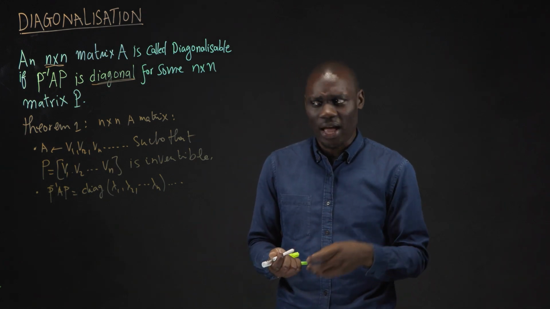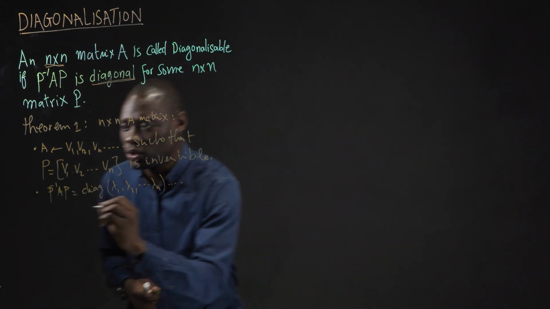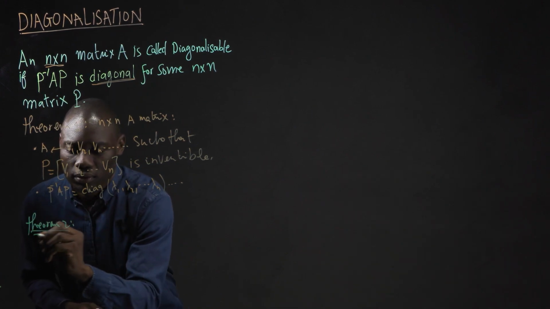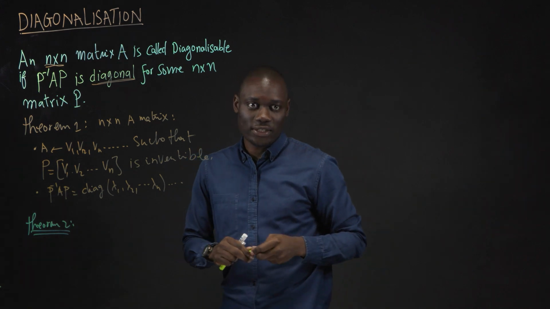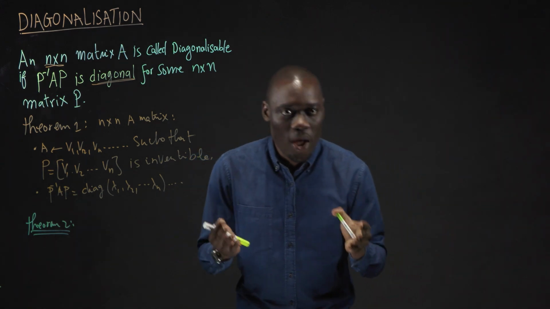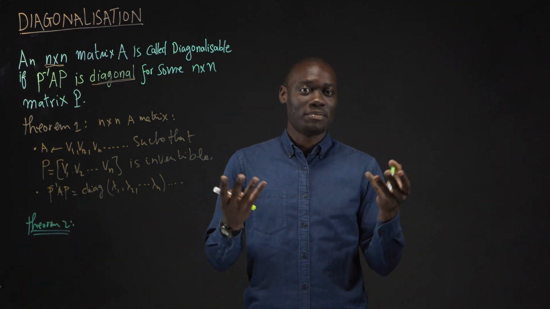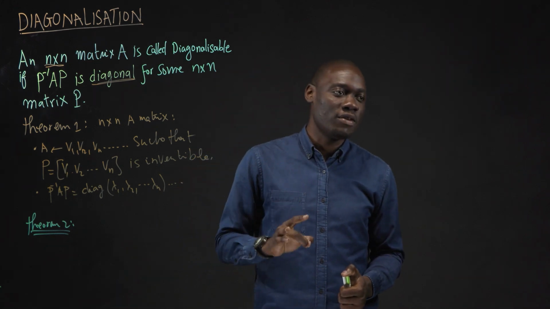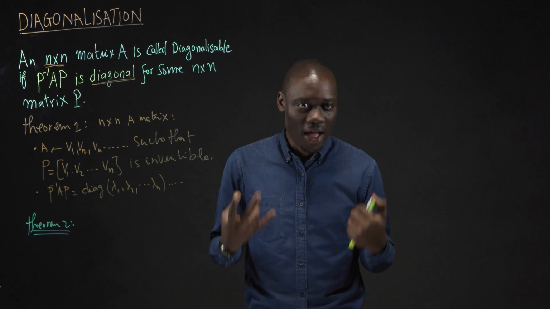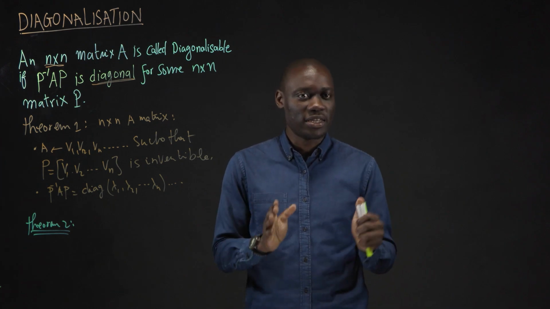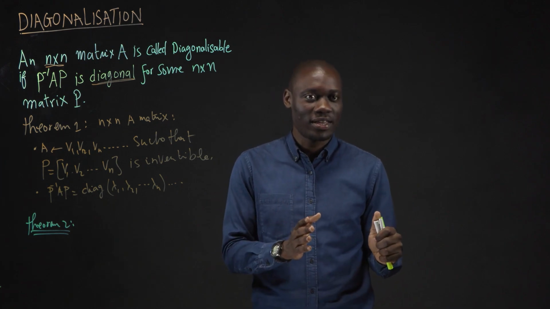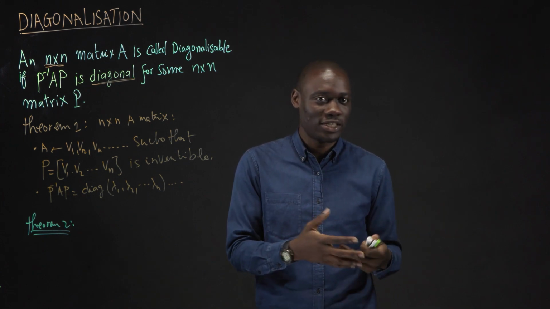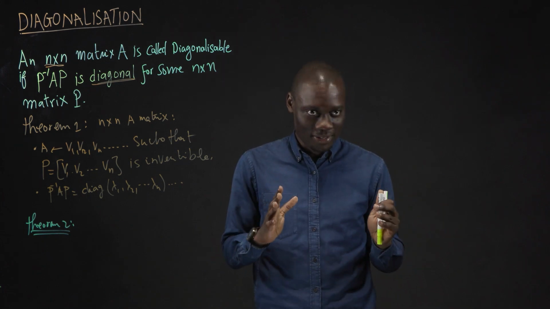Now, let's look at the second theorem. Theorem 2 says that a square matrix, n times n matrix A, is diagonalizable if and only if its eigenvalue lambda of multiplicity m yields m basic eigenvectors. Simple as that, right?